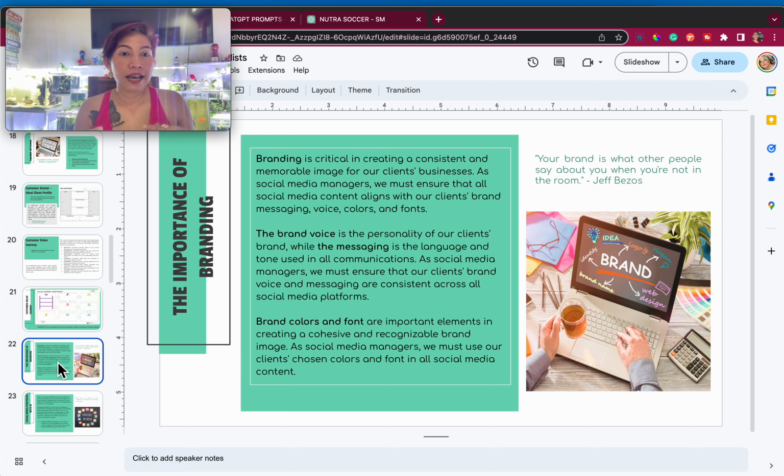You will notice that this is the same case for you. When you see the same branding each time you scroll through your news feed, and then you see those similar colors somewhere else, you think back to that brand. So that's how important brand colors and font is, and brand design for the graphics.